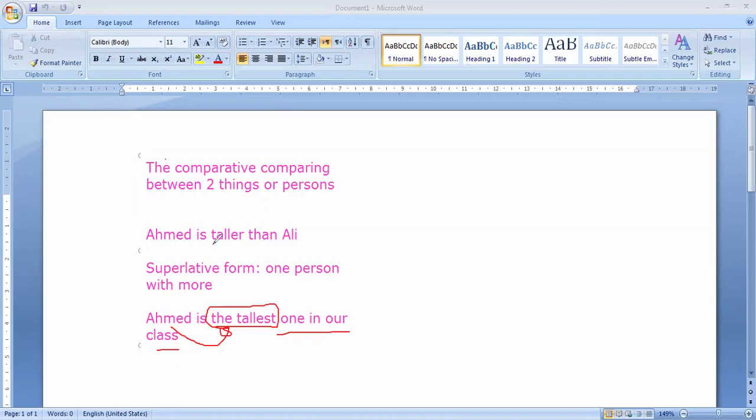But here I compare Ahmed with what? With Ali. Ahmed is taller than Ali. I compare two persons. Here is two persons, and here is one person with more.